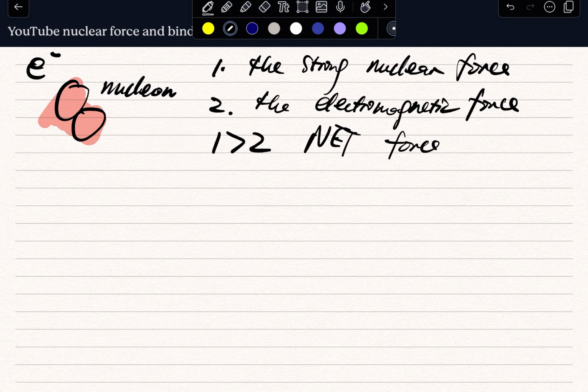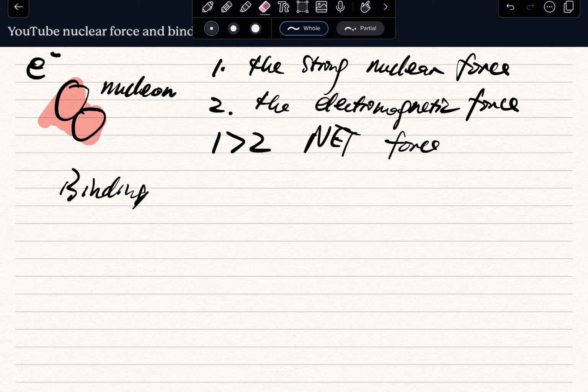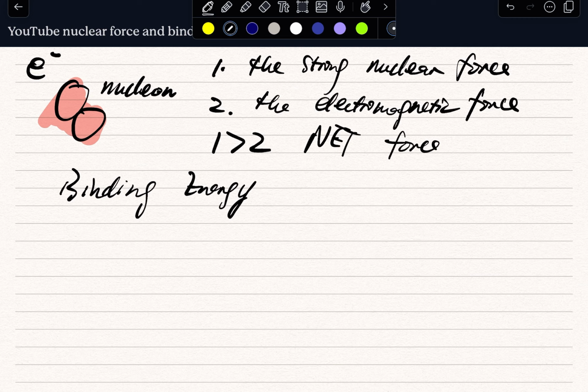The name of this energy that it takes to separate the nucleus is, as you may have guessed, binding energy, also called nuclear binding energy. Just to repeat myself, nuclear binding energy is the energy required to split an atom's nucleus into protons and neutrons. We're going to quantify the binding energy in just a minute, but now let's do our experiment.